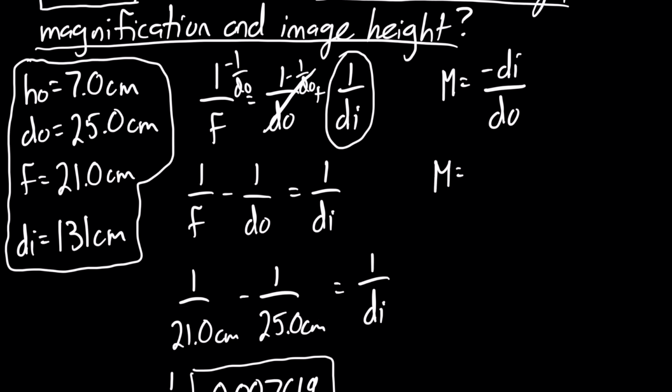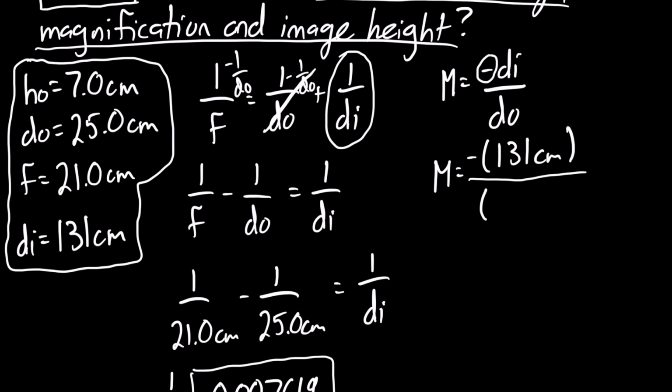So I can input these in. I have negative 131 centimeters. Make sure you keep this negative, as it's part of the formula. That will play a part in your answer.